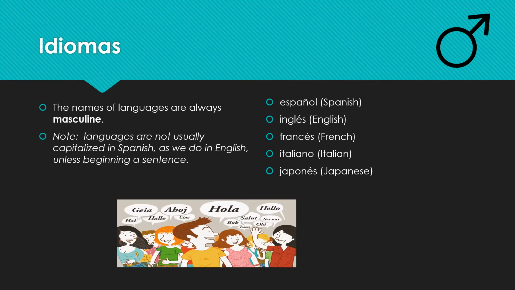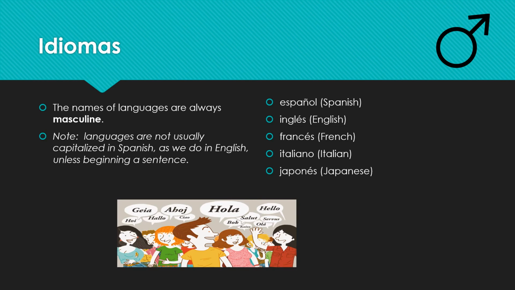All right, idiomas, languages, are always going to be masculine. So we have español, inglés, francés, italiano, japonés. Some examples of some languages. Please note, in English, when we are talking about other languages or even talking about English, we always capitalize the first letter in a language.